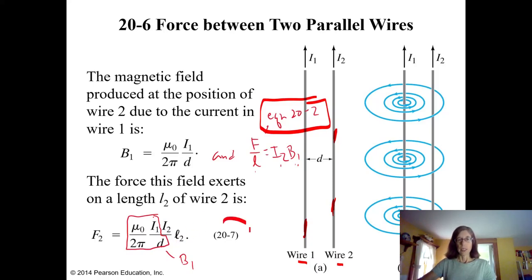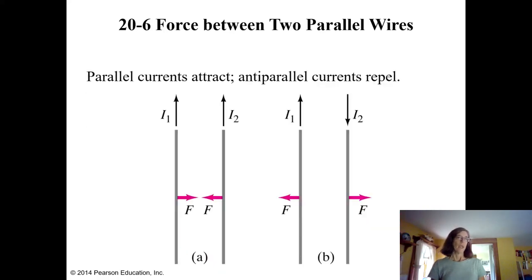So again, this derivation is rather lengthy, but if you've got two wires and you want to find the force of wire 2 on wire 1, this is the equation that you can use if you know the currents in these two wires, I1 and I2, and the distance that these two wires are separated by. So parallel currents tend to attract each other, and anti-parallel currents repel each other.